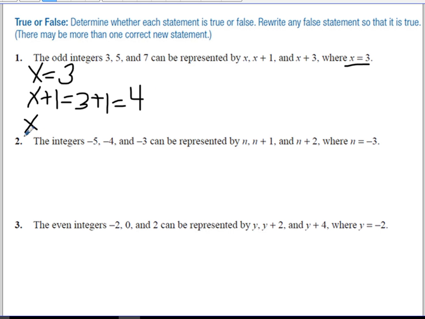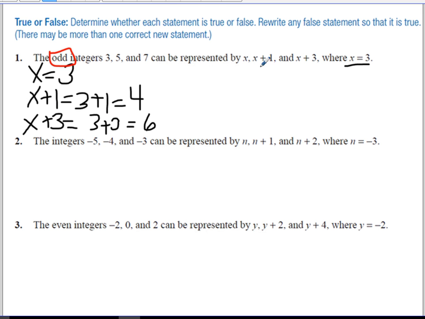And even if we took it a step farther and did x plus 3, we'd get 3 plus 3, which gives us 6. So that's not what we're supposed to be doing. The problem is, even though we're counting by odds, odd numbers are still even apart because it's every other one.